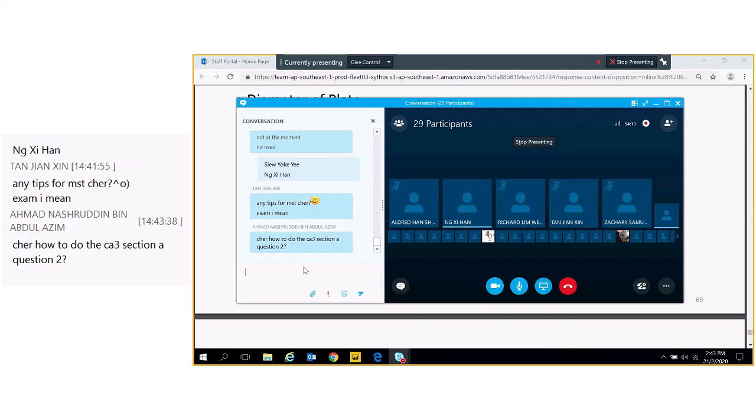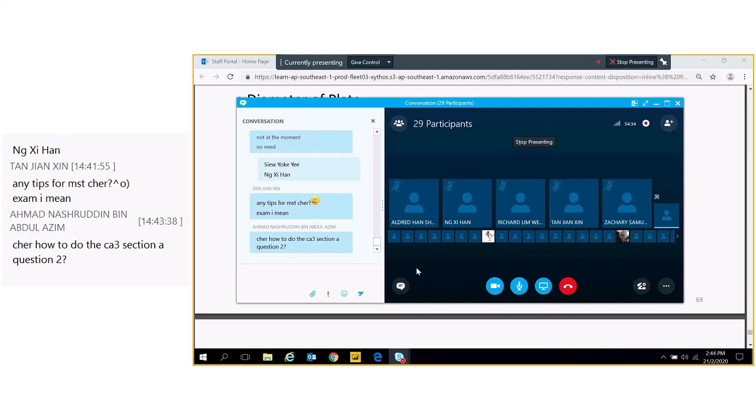Yes, important. And for the long questions, there's 1 long question on distillation and 1 long question on heat exchanger. So you study the CA very carefully.